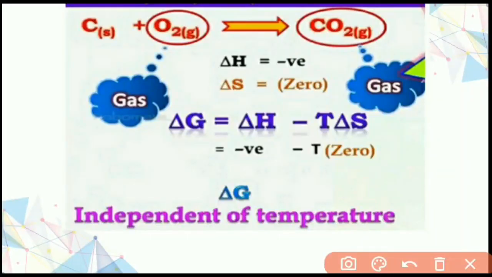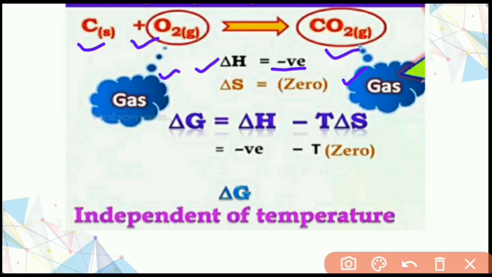Next, the thermodynamic relation for the formation of carbon dioxide. In this reaction, carbon combines with oxygen and forms carbon dioxide. During formation, energy is released from the system, so ΔH, the enthalpy change, becomes negative. The physical state of oxygen before the reaction is gas, and after the formation of the oxide it is also gas, so the randomness of the system does not change.